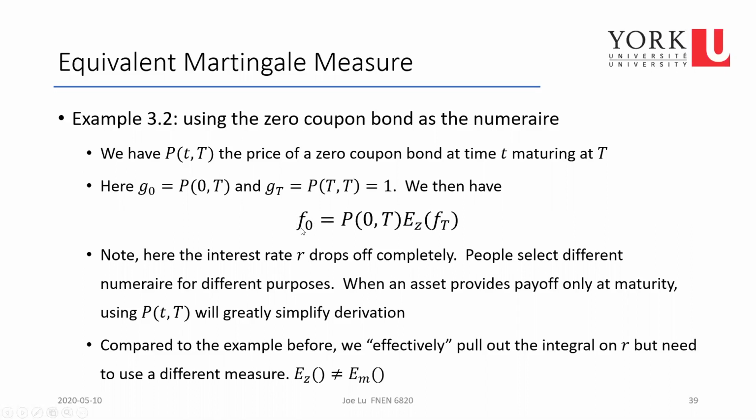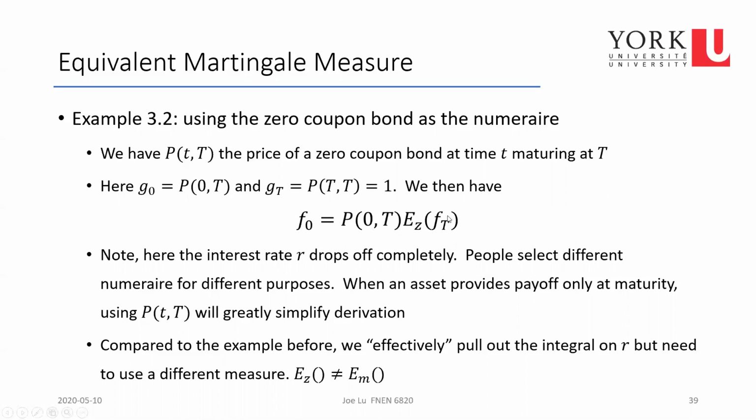So the current value of a financial asset at time t equal to 0 is the discount factor, here a zero coupon bond, times the expected value at time T of the derivative asset.